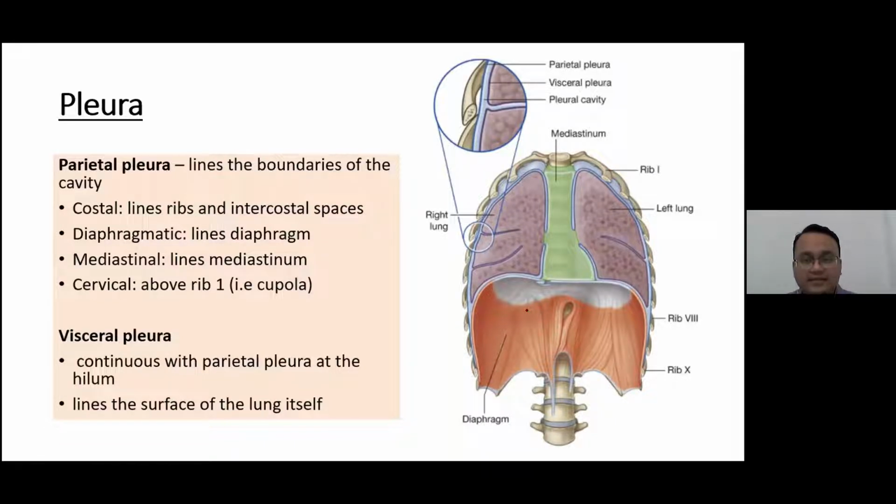One way of looking at this, the textbook will describe the pleura like a balloon. You have an inflated balloon, which is actually just a continuation; the wall of it is just a continuation.